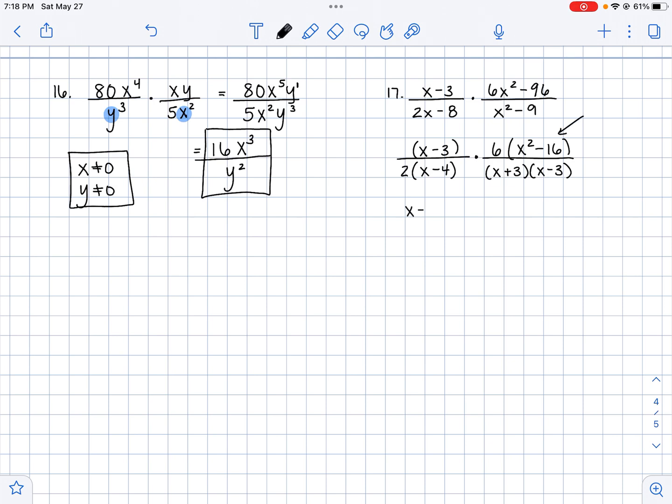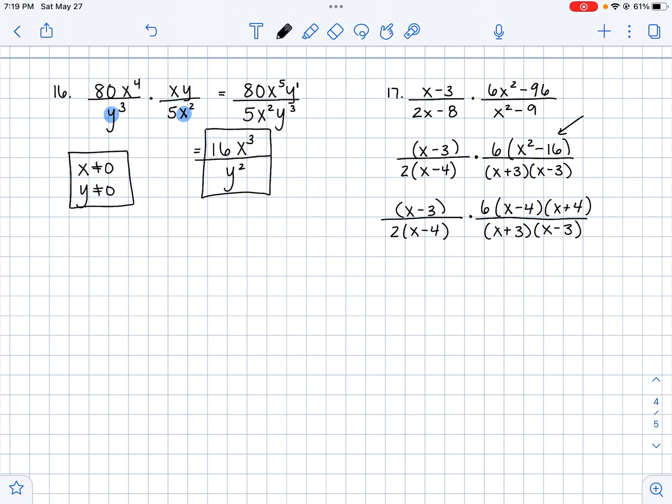And again, I can actually simplify this. So one more time, I get x minus 3, 2 x minus 4, 6, x minus 4, x plus 4, the order doesn't matter, all over x plus 3, x minus 3. So looking here, I'm going to reduce as much as possible.